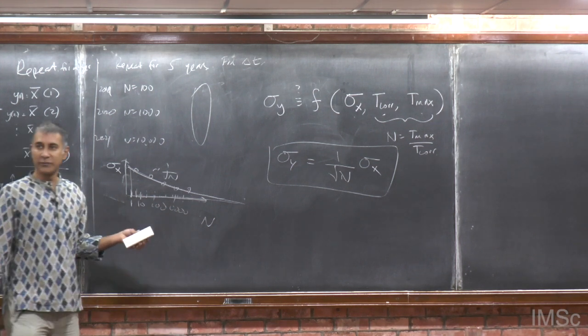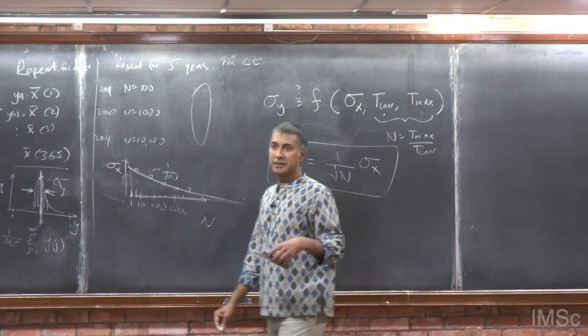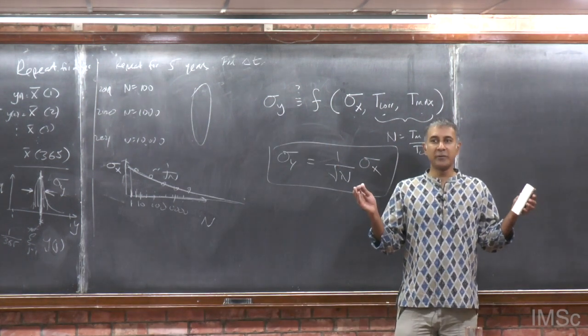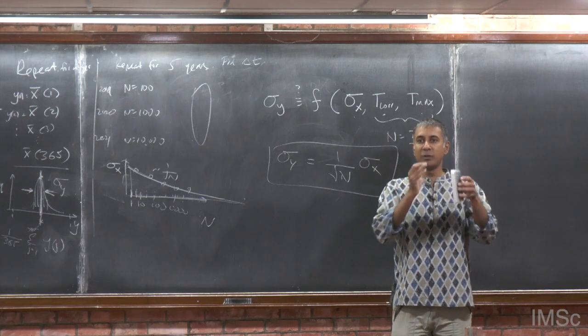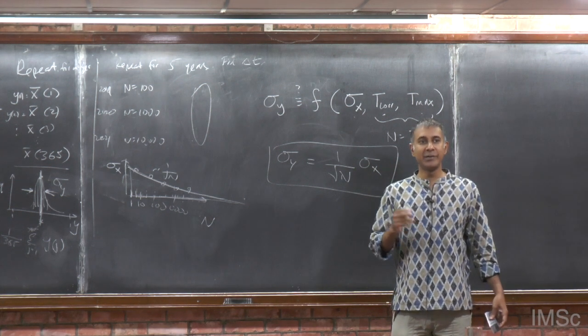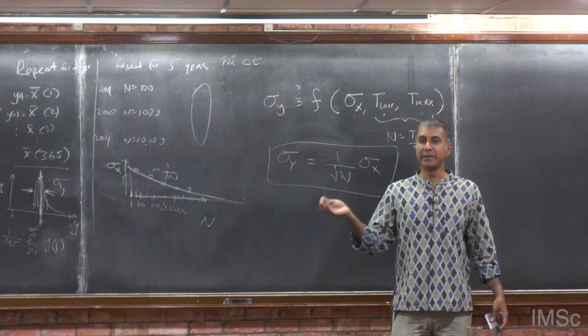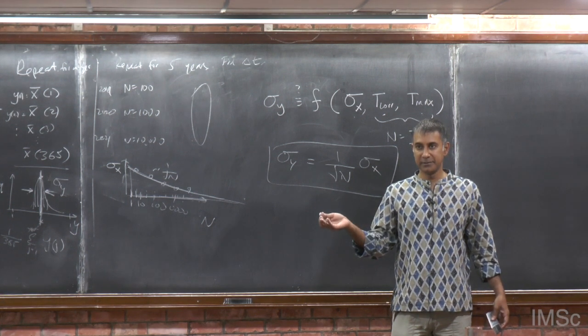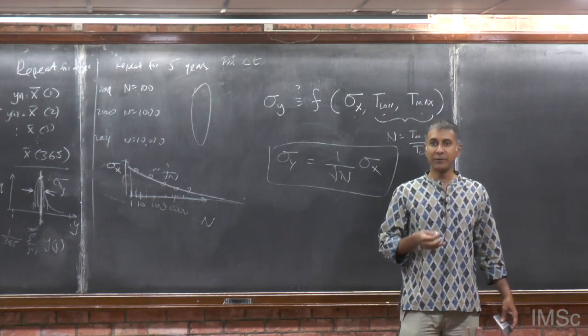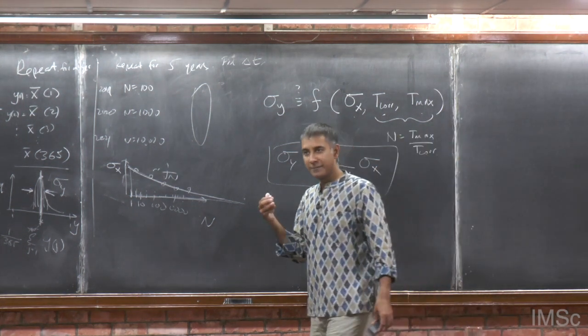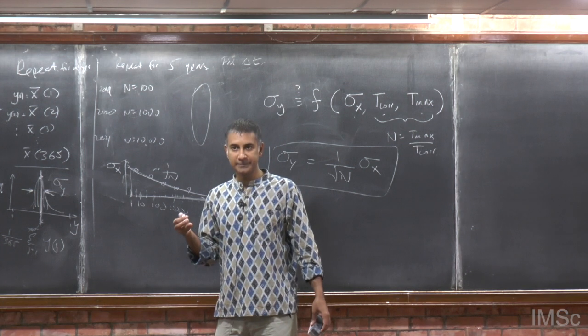It's rather slow, right? So if you want the error to drop from, say, 10% to 1%, you're going to have to increase your number of samples by a factor of 100. Okay, so it's not a very quick drop. It's in fact quite costly to gain additional precision in the measurement.